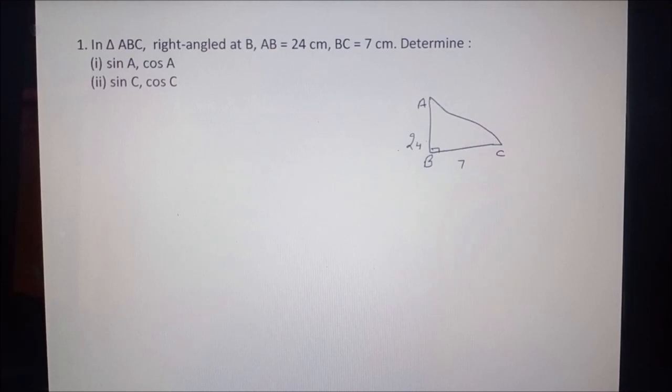Now part second. In second part we have to calculate sin C and cos C. So for angle C base is BC and perpendicular is equal to AB. Now in part 1 we have calculated value of AC is equal to 25, BC we are given 7 cm and AB is equal to 24 cm.